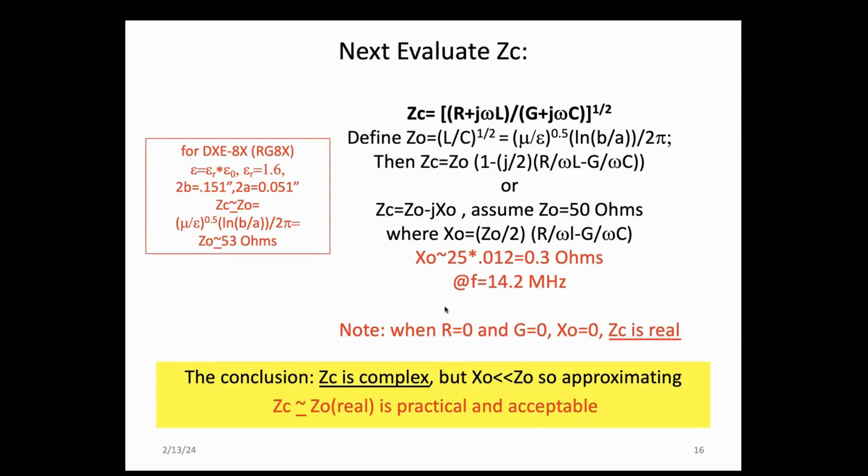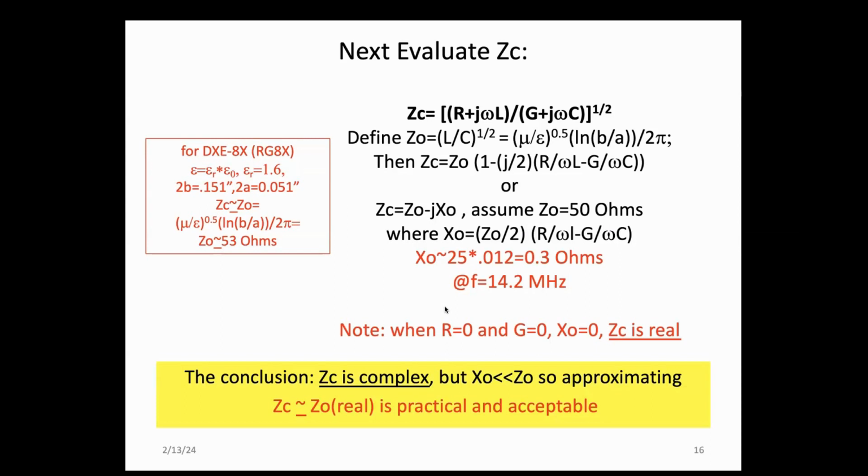This is the expression that we get, and this is the same one that we had from field theory analysis on L and C, and you plug that in, you get this equation for Z0. This is the lossless characteristic impedance term. But we see that Z sub C is complex because it has both that term and then this other term that depends upon R and G.